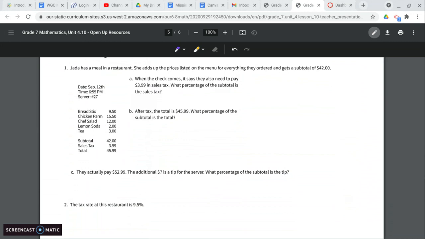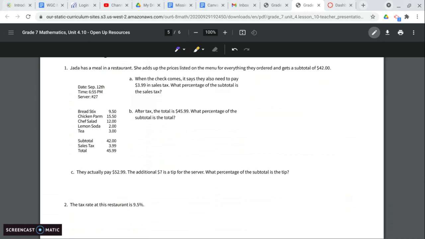Dining at a restaurant. So we also have sales tax when we're at a restaurant. Jada has a meal in a restaurant. She adds up the prices listed on the menu for everything they ordered and gets a subtotal of $42. When the check comes, it says they also need to pay $3.99 in sales tax. What percentage of the subtotal is the sales tax?